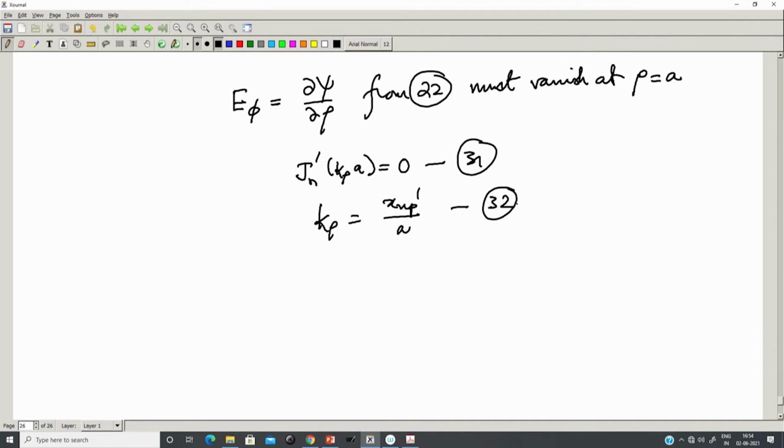So, from 32, the wave function for the TE n p mode can be written as psi n p TE as J n.